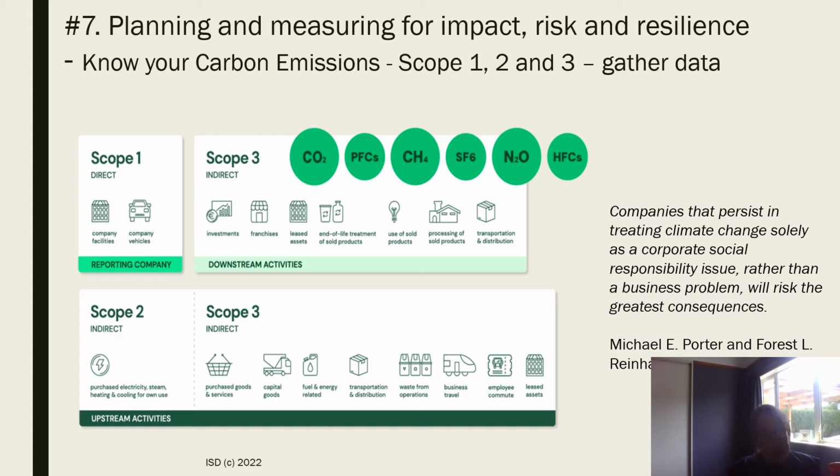Now, part of this under the environmental space is actually knowing the carbon emissions under different scopes. What is important for running a business: vehicles, facilities, and where does she get her electricity from, heating and cooling, use of water.